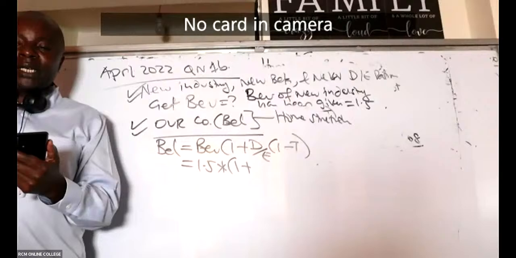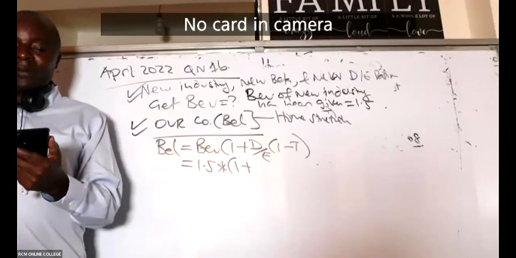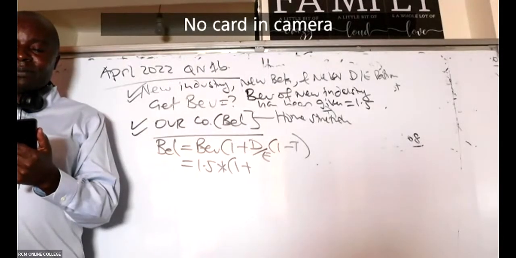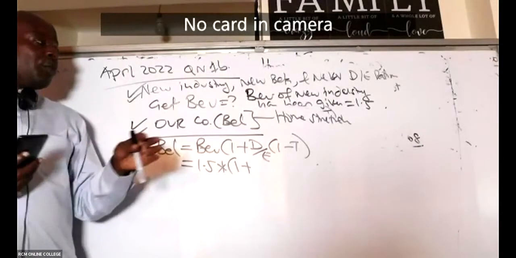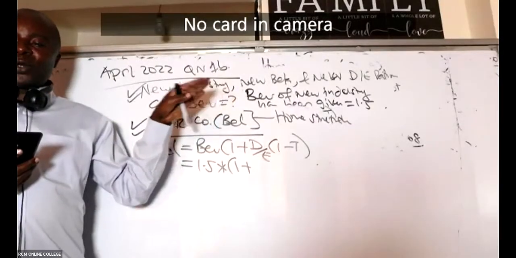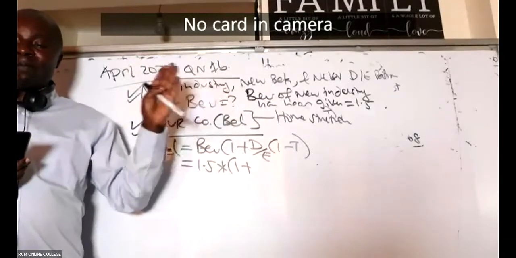I already see Hilda has picked it. I would have used that 40:60 up here. But this step is unnecessary because we are already given Beu of the new company.